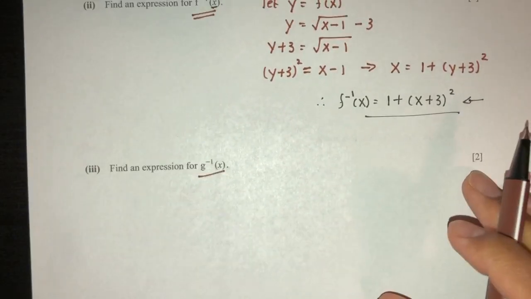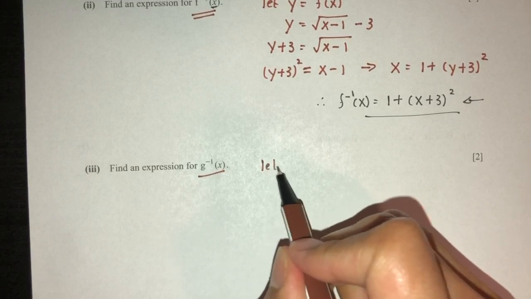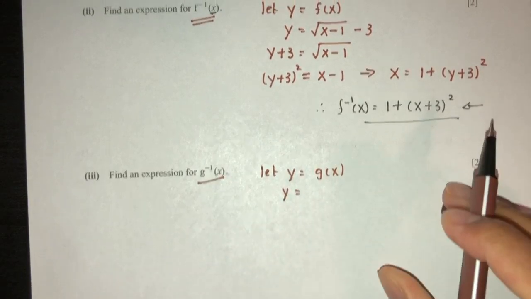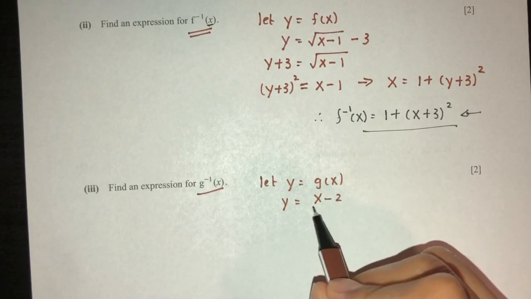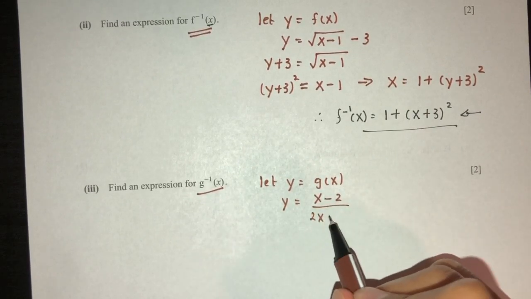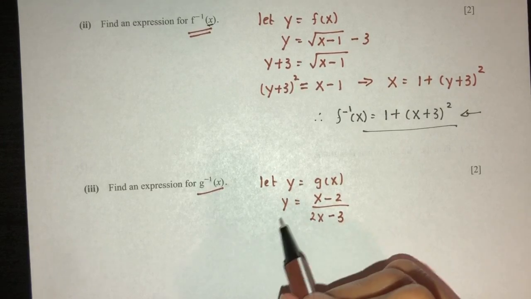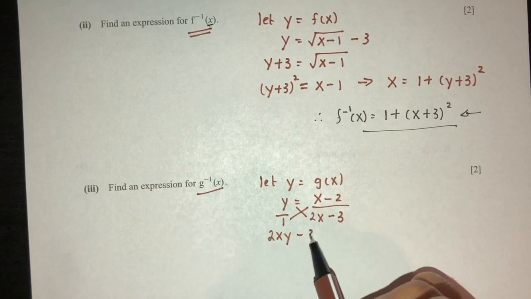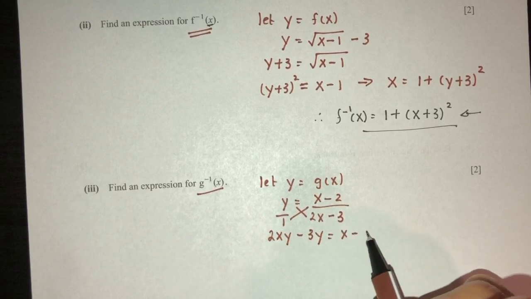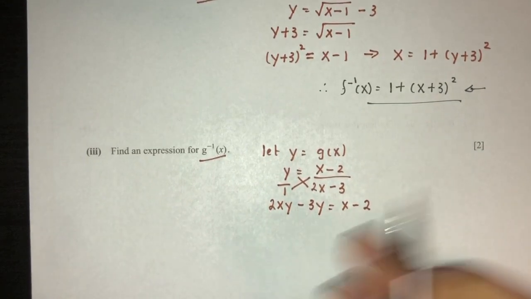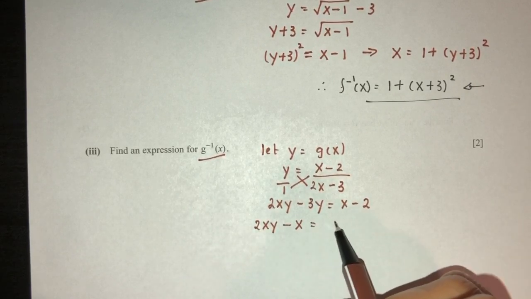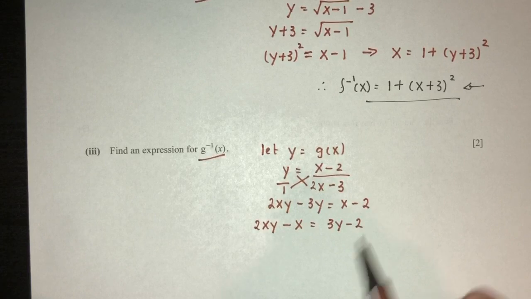Now for part 3, find an expression for g inverse. So same steps, let y equal to g of x. So y is equal to x minus 2 over 2x minus 3. Next step is to cross multiply. You will have 2xy minus 3y equal to x minus 2. Now you send x to one side, you will have 2xy minus x is equal to 3y minus 2.